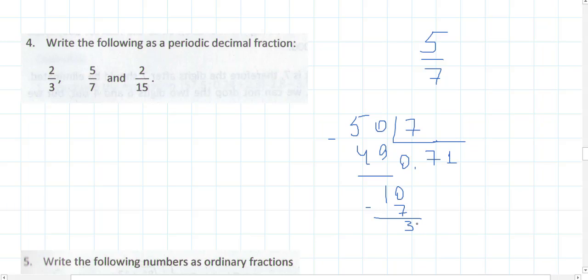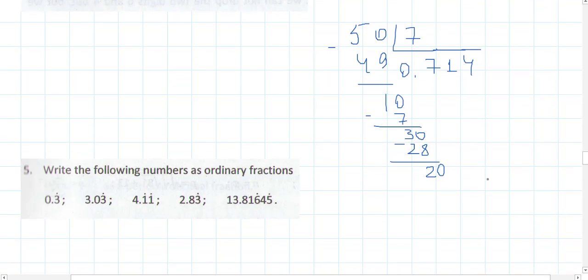So 3 and again 0. It will be 4, 28 now. So it is 2, 0, 7 dividing. So we have here 2, 40, and then we have 6, 0.